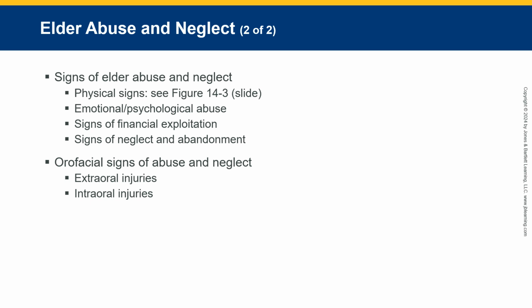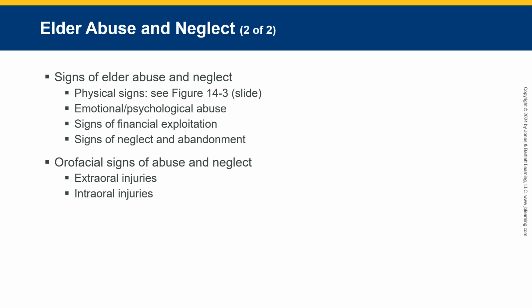Oral-facial signs of abuse and neglect are going to include oral facial injuries. Over half of those who have experienced elder abuse are going to have extraoral injuries that might include lip trauma, bruising of the facial tissues, eye injuries, fractured mandible, or injury to the zygoma, particularly on the left side.